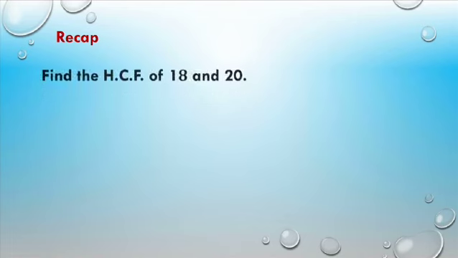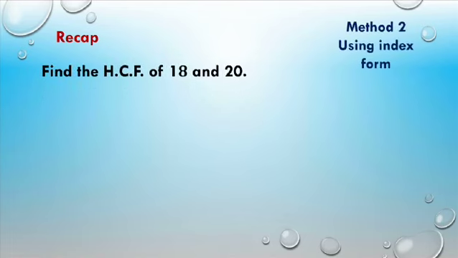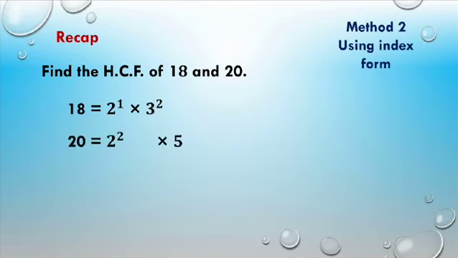We now consider the second method, that is using index form. Find the HCF of 18 and 20. So 18 can be written as 2 to the power of 1 times 3 to the power of 2. 20 can be written as 2 to the power of 2 times 5. Now, we can see that the least power of 2 is 1.